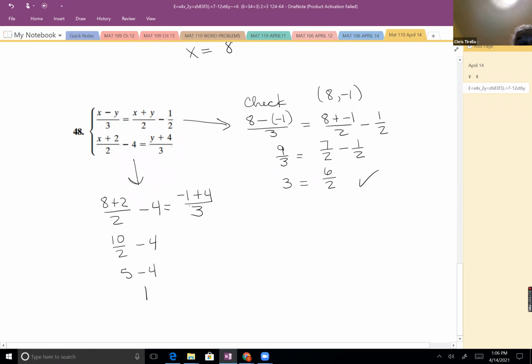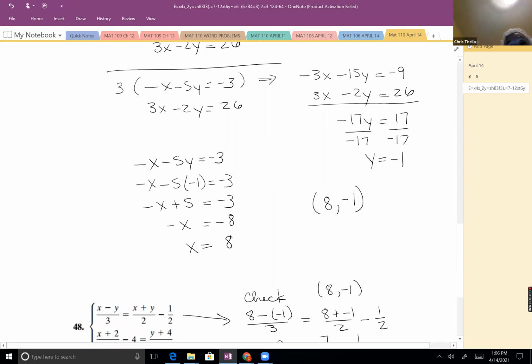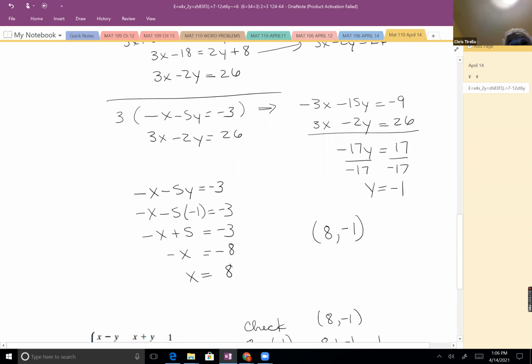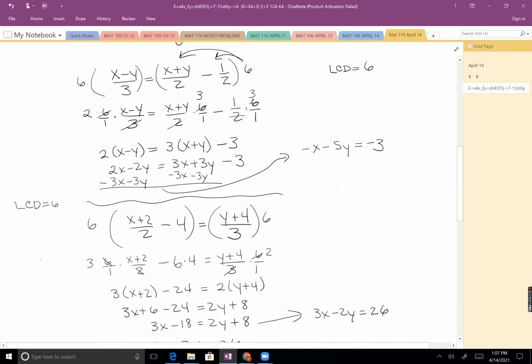On the other side, I get -1 plus 4 is 3 over 3, which is 1, and it checks. Everybody okay with that one? I think that's one of the ones where its bark is worse than its bite. And do you notice it takes a little bit of work to clear the fractions, but once you have the fractions cleared, you get a much easier system to work with.